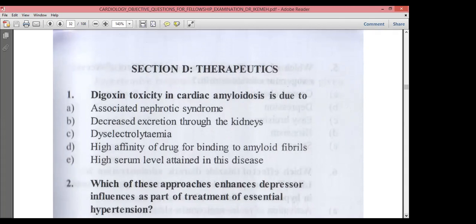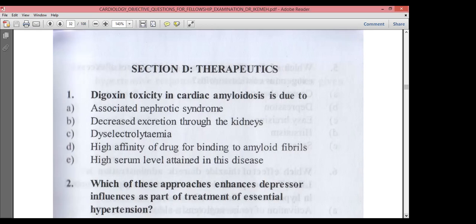They said in cardiac amyloidosis, actually, it's not advisable to use inotropes in them, because it further worsens their LV function.